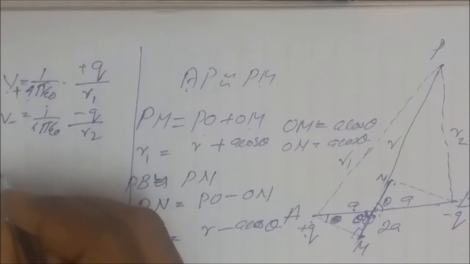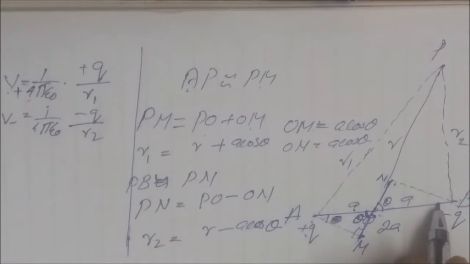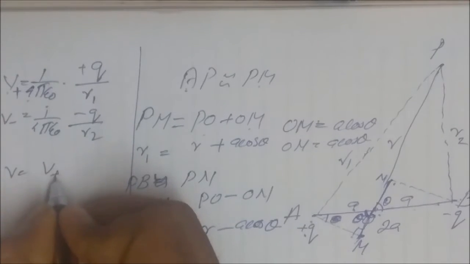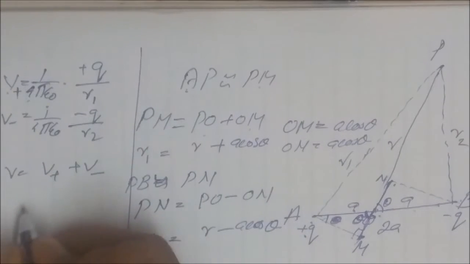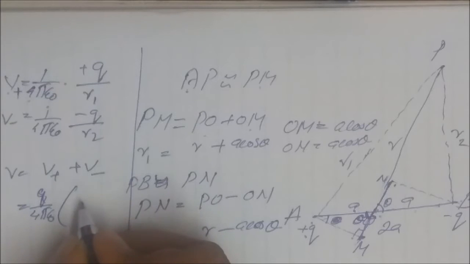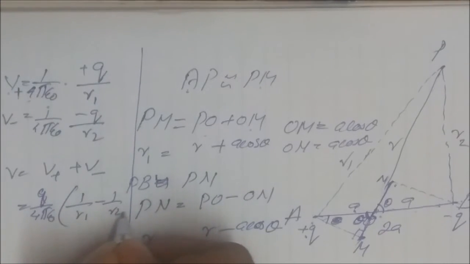So the net potential due to the two charges plus q and minus q is v equal to v plus plus v minus. That is 1 by 4 pi epsilon 0, q is common, and it is 1 by r1 minus 1 by r2.